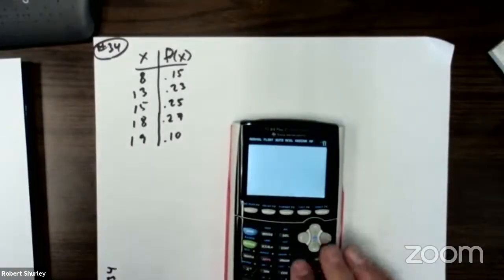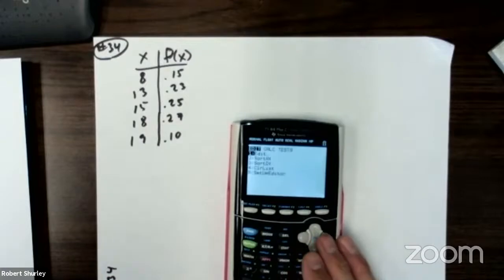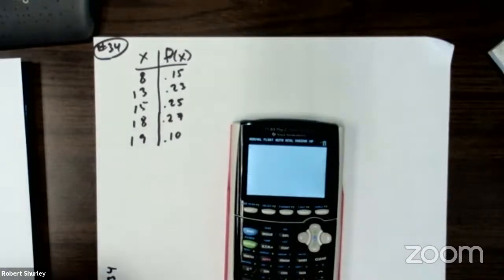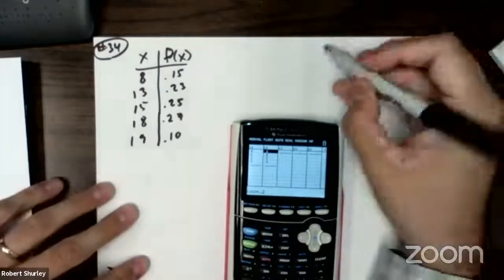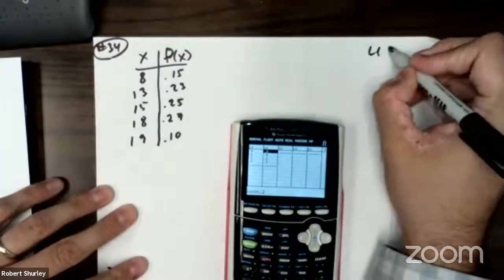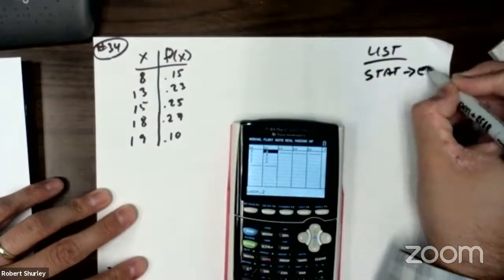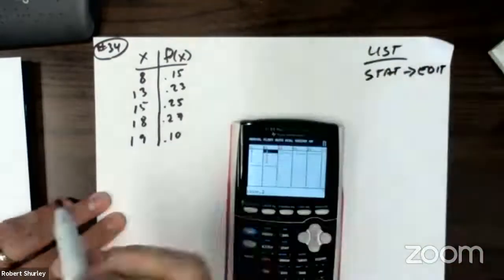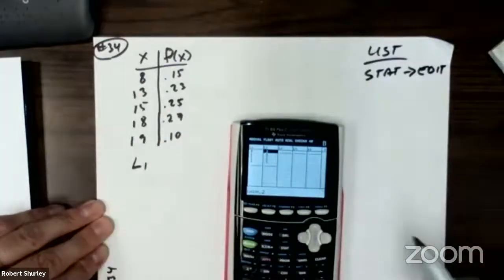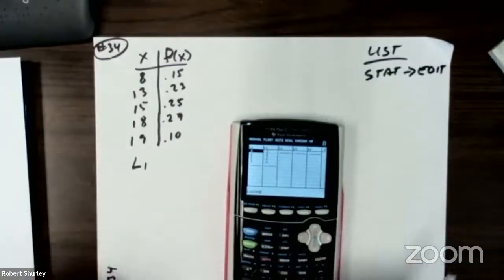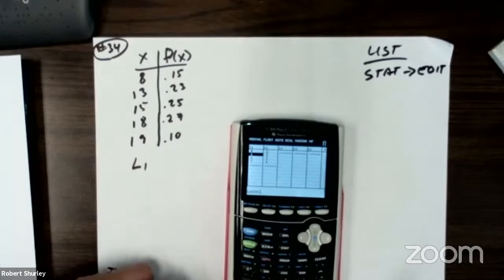So I'm going to go back into stat edit, right? Stat edit, I can edit the list. To edit the list, you put in stat and then edit. We're going to make L1 the X values. So L1 I'm going to say is 8, 13, 15, 18, and 19.